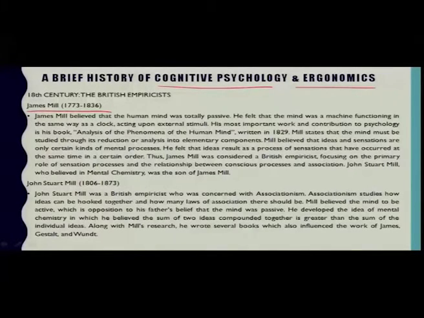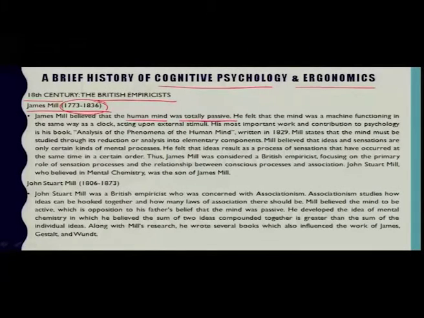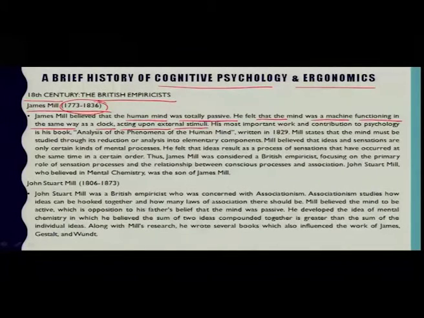In the 18th century there were some British empiricists, James Mill, whose life tenure was 1773 to 1836. He believed that the human mind was totally passive. He felt that the mind was a machine functioning in the same way as a clock, acting upon external stimuli.